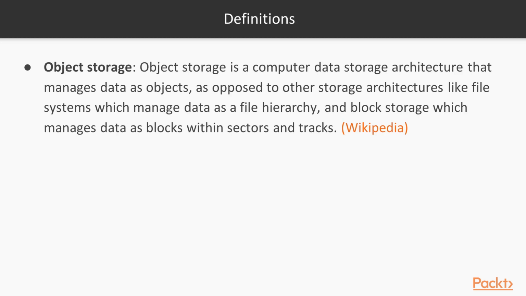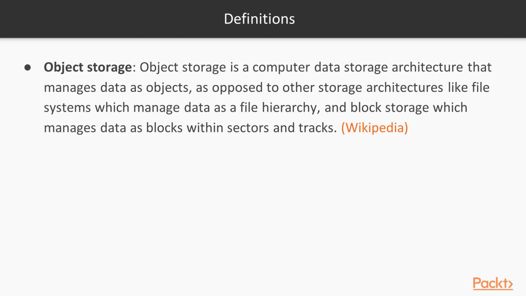Let's start with some definitions. What is object storage? I like this definition from Wikipedia, which says that object storage is a computer data storage architecture that manages data as objects, as opposed to other storage architectures like file systems, which manage data as a file hierarchy, or block storage, for example.